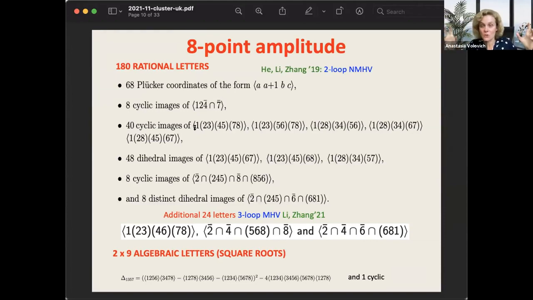It is possible, but I think the actual computations will tell the final answer. But here we do have an example. Here is the 180, but it's actually 24. When they did new computations, there were extra 24, just for rational. We immediately went on and started checking that they were indeed on the list of 280 predicted from tropical geometry and from our lists.